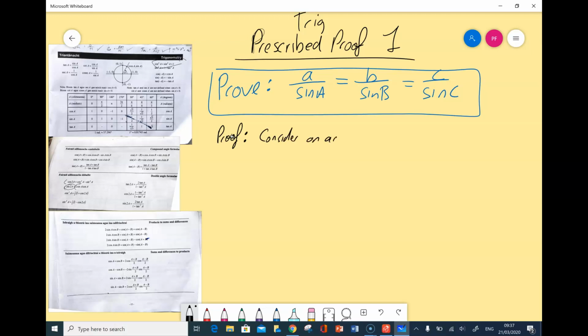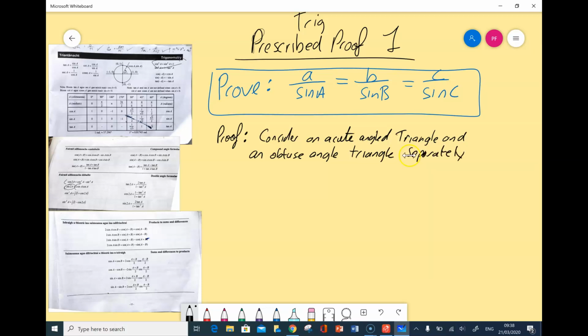an acute angle triangle and an obtuse angle triangle separately.